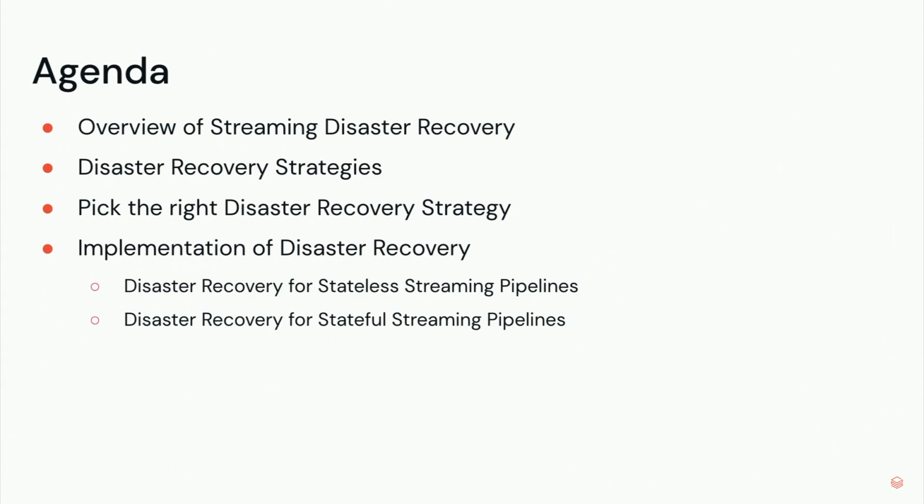So this is a high-level overview of what we're going to discuss. We'll spend some time on why disaster recovery strategy is important and what the stats say, and we'll focus on what the different disaster recovery strategies are that you can use for your streaming pipelines.